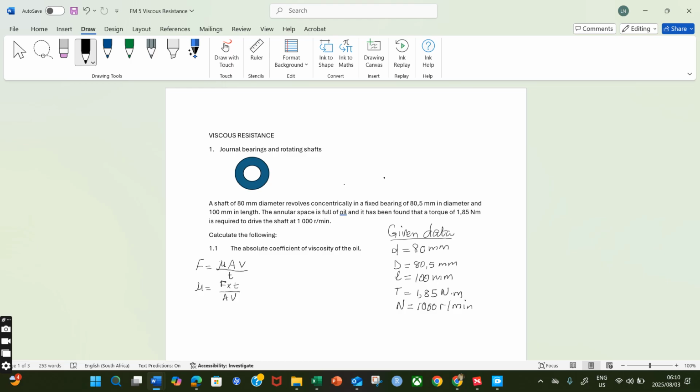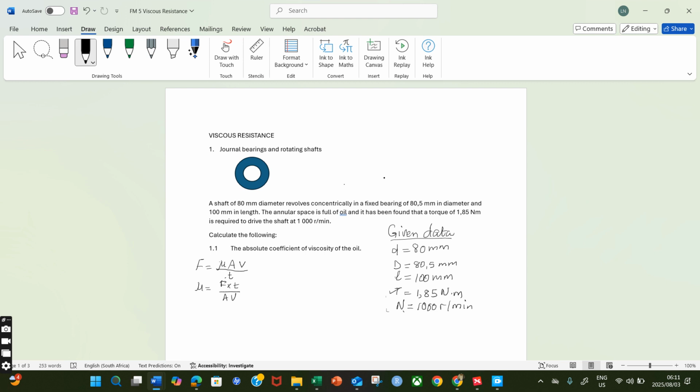Now, after manipulating this formula, we ask ourselves, do we have the force? If the force is not directly given in this data, then we must look for the information that will help us to calculate the force. All right, we have the torque there.